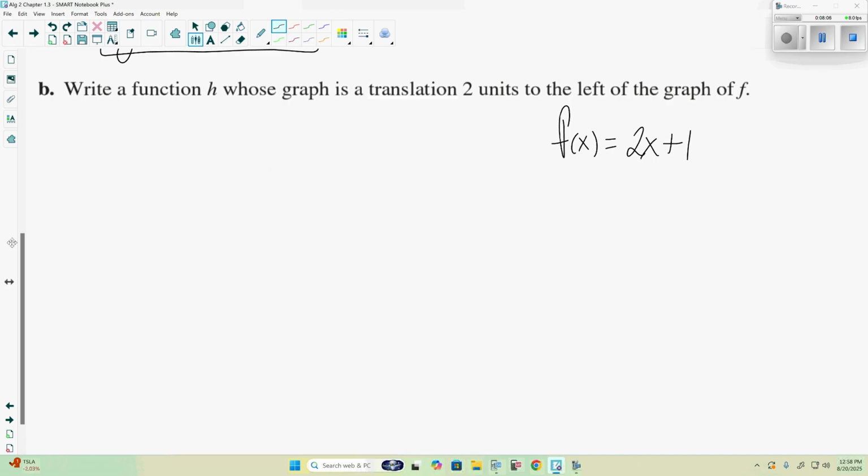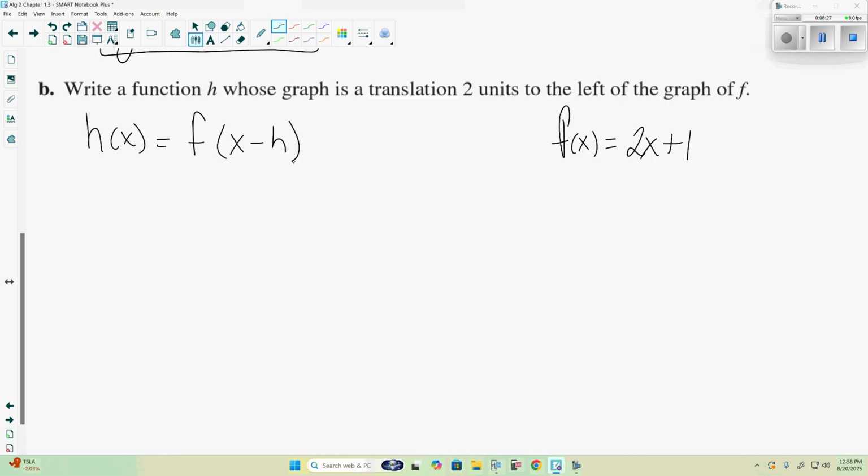Now, here, it says we want to write a function h of x, whose graph is a translation 2 units to the left of the graph of f of x. Now, in the general form, so we're applying it to f, so we'll use f of x minus h.